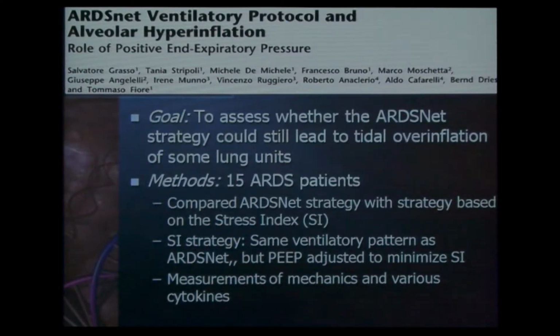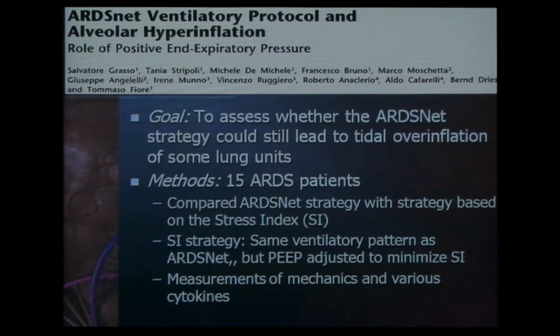That hasn't happened yet. So this is a study by Salvatore Grasso from Italy to look at the question of whether the ARDSnet strategy could still lead to overinflation, because they tried to limit plateau pressures to 30 using small tidal volumes. They studied 15 ARDS patients. They compared the ARDSnet strategy with a strategy based on something called the stress index.